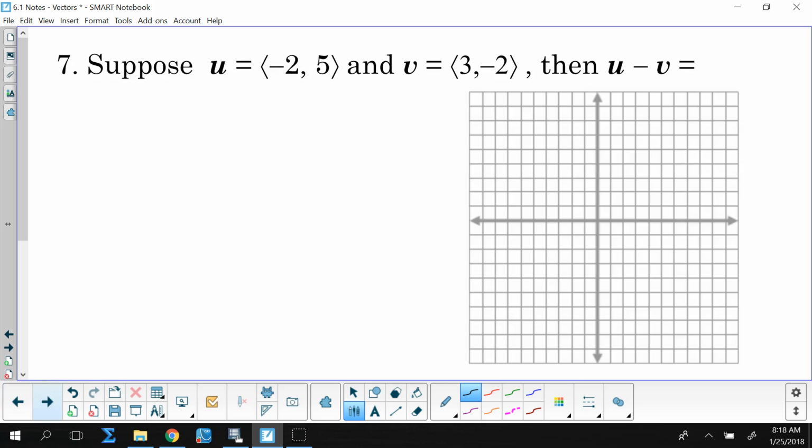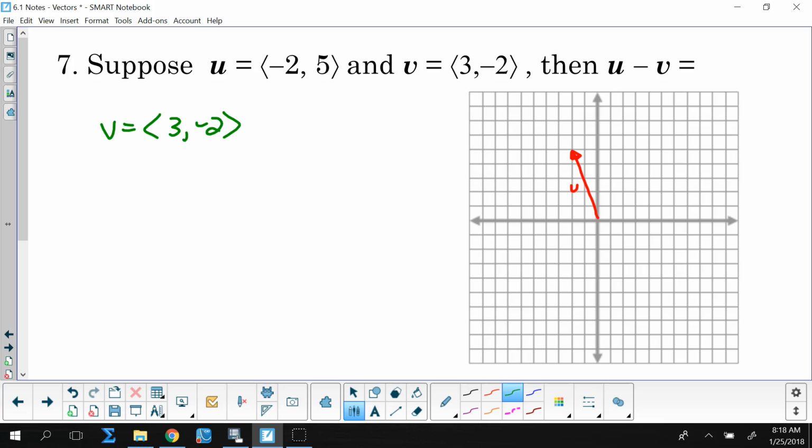Okay? So u is -2, 5. That's this one again. V is 3 comma negative 2, but I want to subtract them, right?